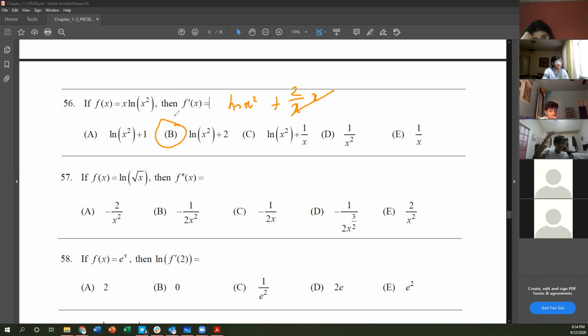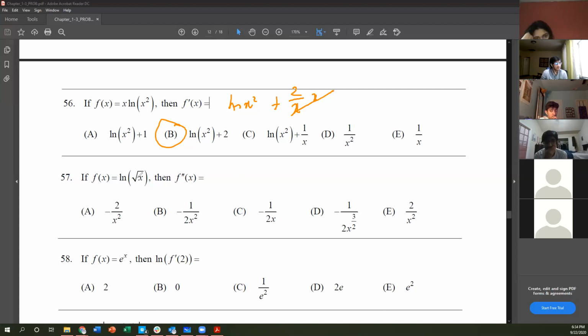All right. What about 57? Krishna, try 57. Just try it. Wherever you get stuck, I'll help you. Okay, so first you do chain rule, right? And then... sorry, I'm blinking.